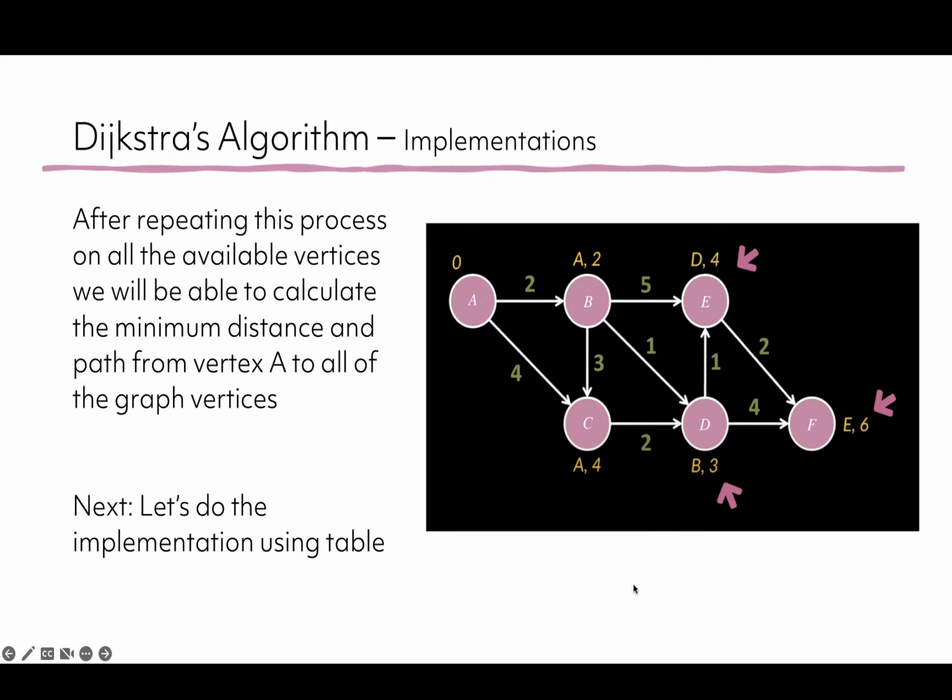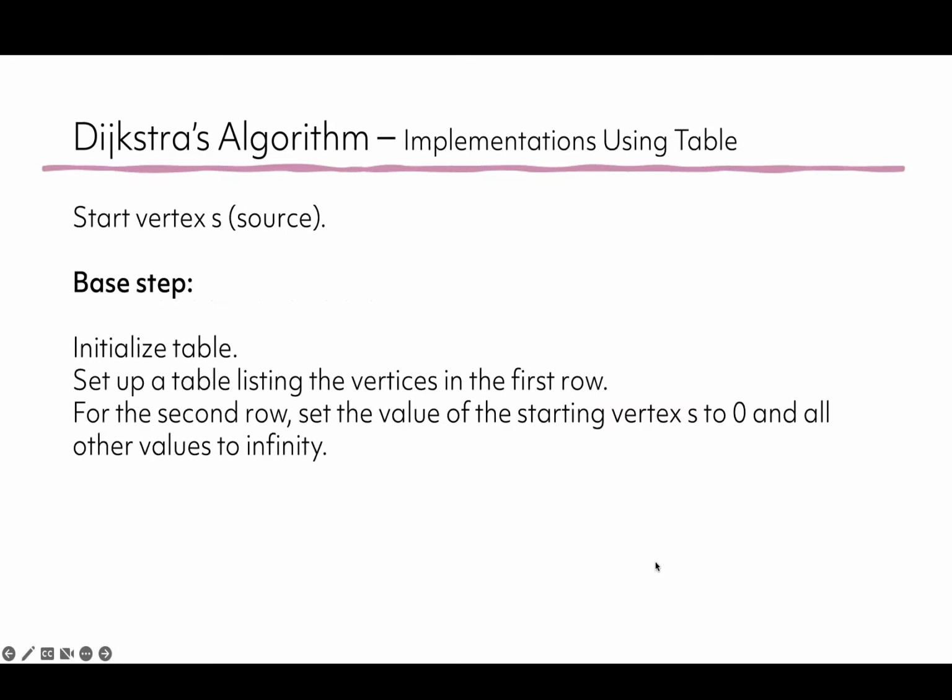Let's do the implementation using a table. Before we start using the table, we need to know that we always start at the source vertex, and there are two steps.